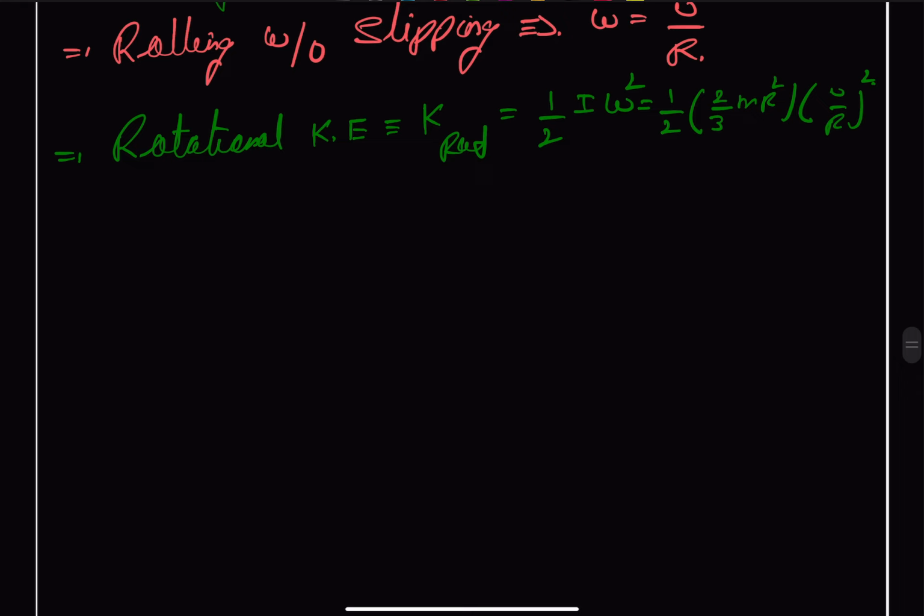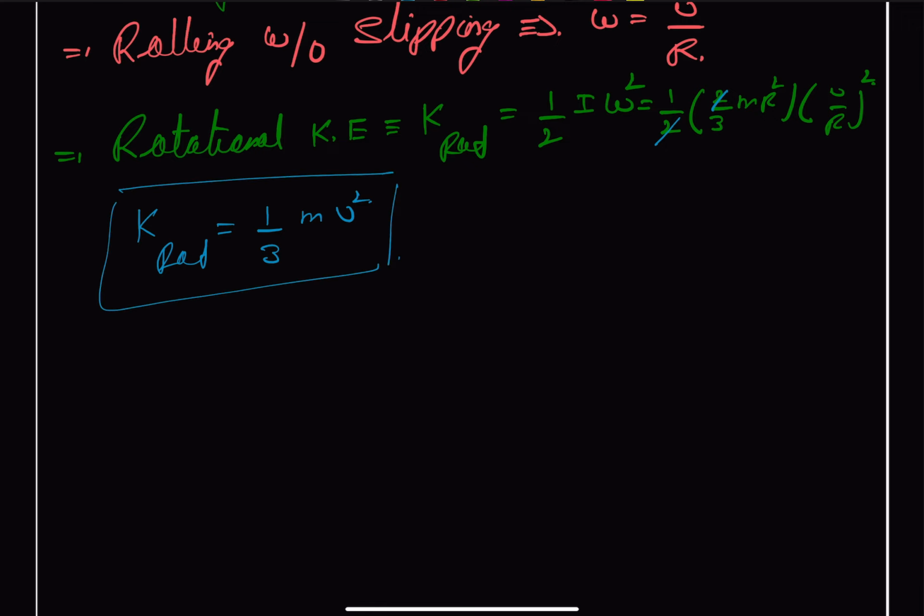So we get that K rotational will be equal to, this 2 goes by 2, r square goes by r square, so we are left with 1 by 3 mv square.